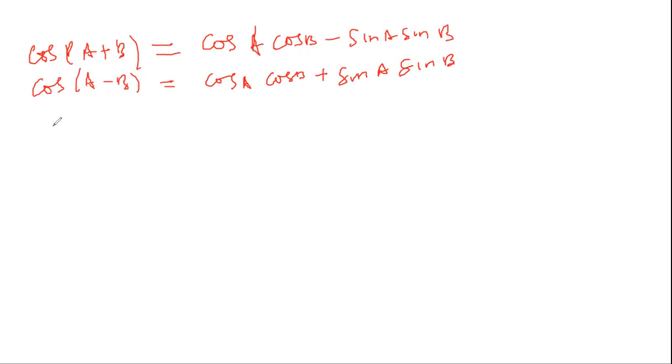So when we add cos of (A plus B) plus cos of (A minus B), what shall we have when we do the addition?